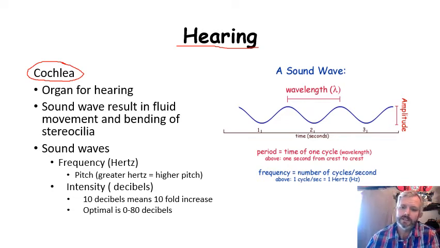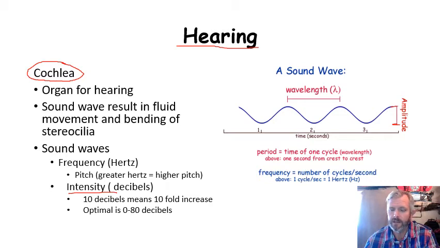Okay, our sound waves move through the air. Two main components of it: we have the amplitude of a sound wave. That'll give us what we call intensity, how loud it is, right?